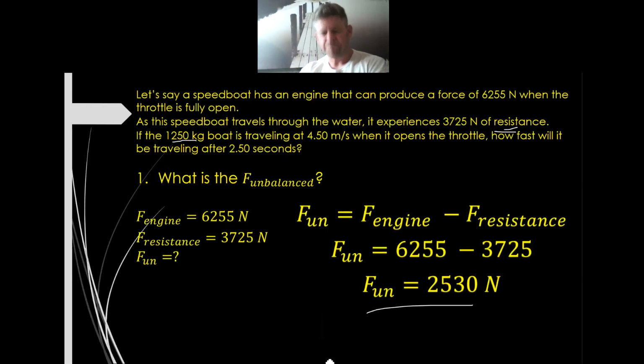All right. Second part then, it says, what's the average acceleration? Now, usually when we get to a point like this, we want to use that previous answer from before. Now, we could look at it and say, well, I have a mass, I have a velocity, and I have a time. The hard part is that when you start looking at kinematic equations, we don't have necessarily a final velocity.